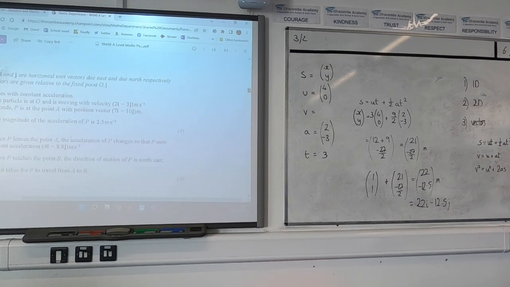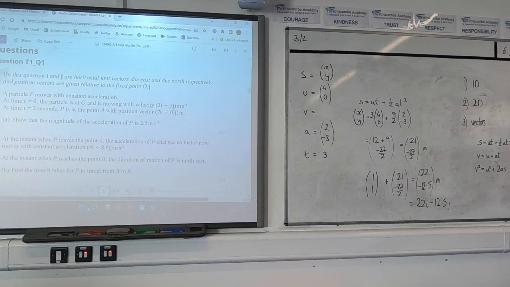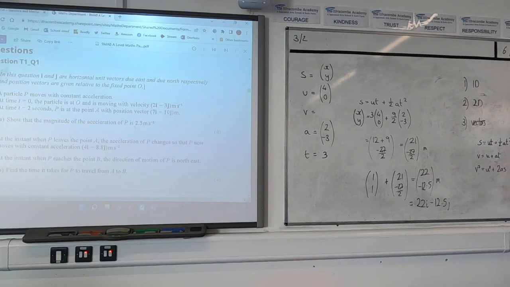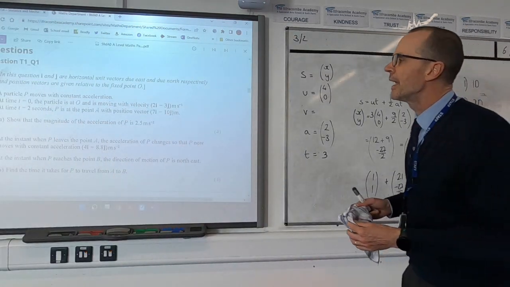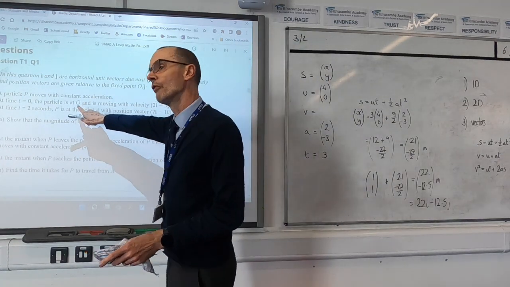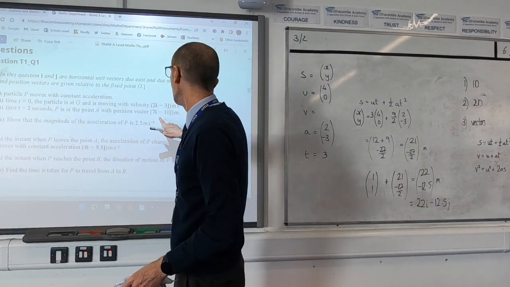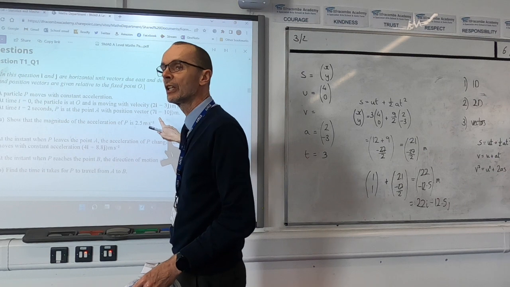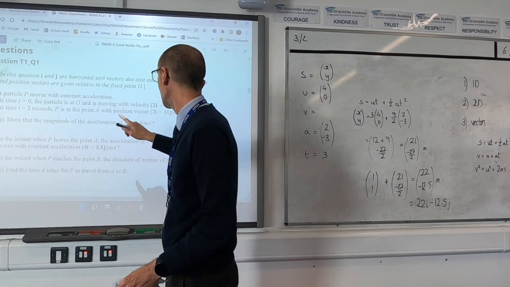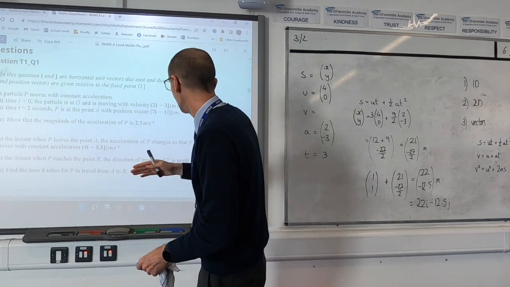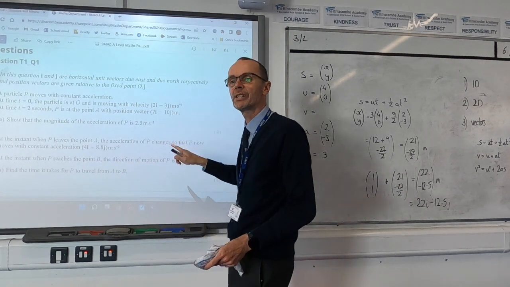But here we go. O is the origin, and this position vector is just like a coordinate. So what we're saying is that in these first 2 seconds, its displacement is 7 minus 10.